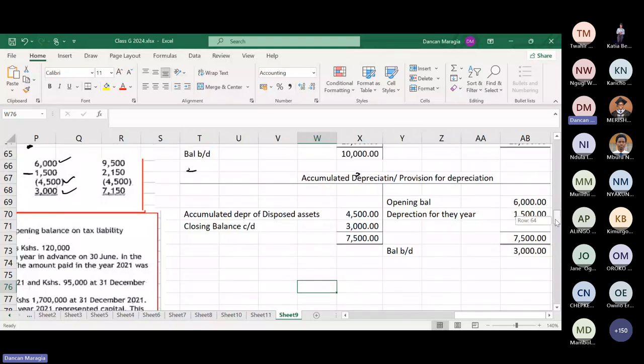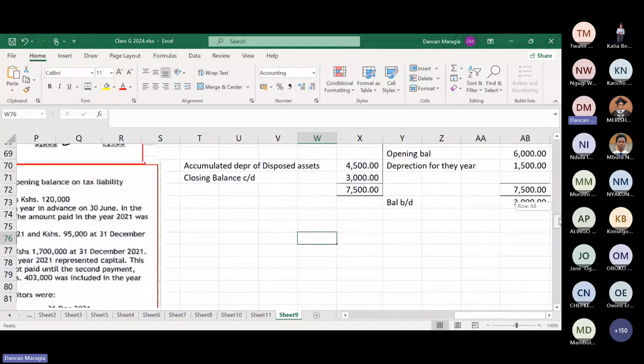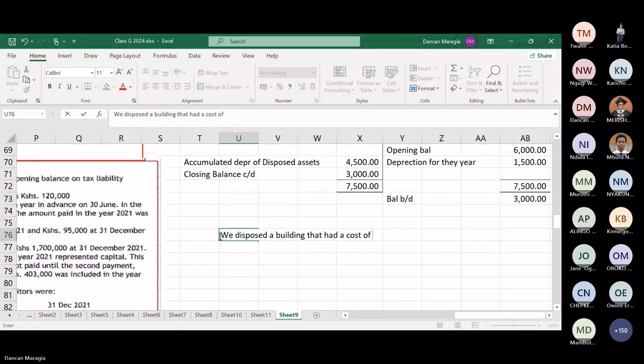So now let's come back here. In the year we disposed a building that had a cost of how much? Not 10 million, 5 million, sorry.